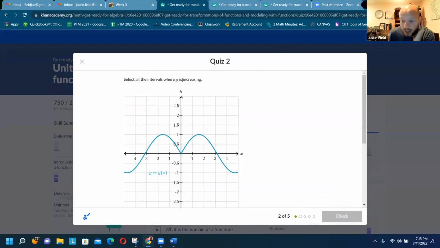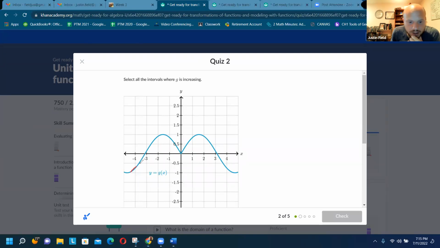Select the interval when it's increasing. So that's a different question. Increasing means it's going up from left to right, like the slope is positive kind of thing, even though it might not be a slope, but it's going up. And then decreasing, it's going down, negative slope. So let's color in the increase.